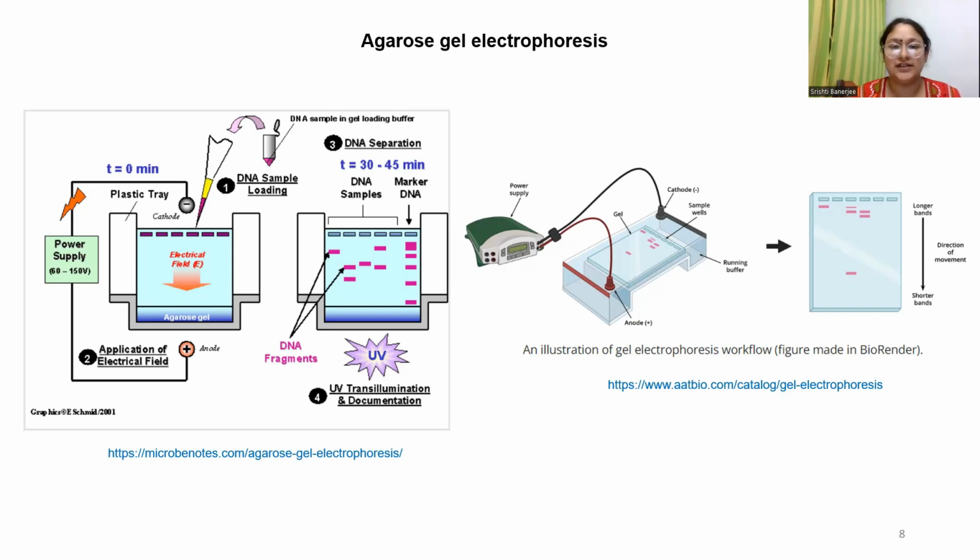Once your experiment is done, you pick up this gel and put it in a UV transilluminator, which has UV light, and you will see pink colored fragments on it. That is the indication that your experiment was correct and you have your DNA fragments. Clear?